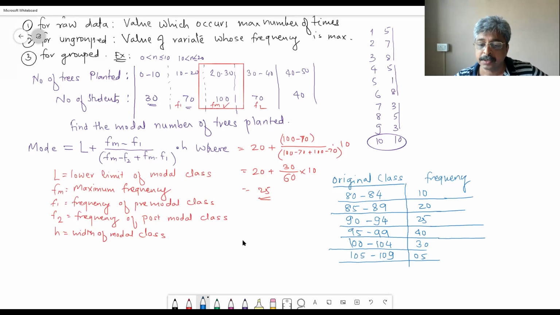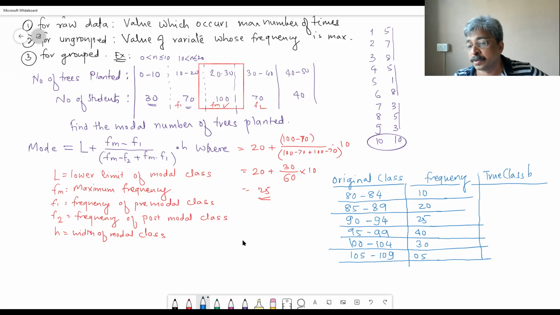In that case, you are supposed to take care of that gap by using the true class boundaries: 79.5 to 84.5, 84.5 to 89.5, and so on.